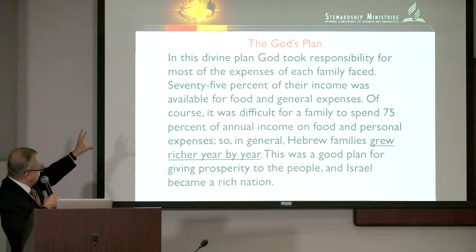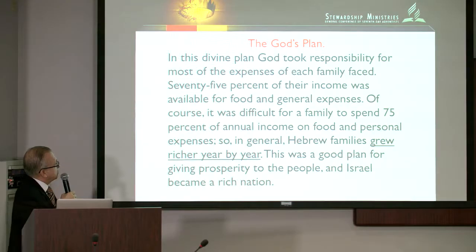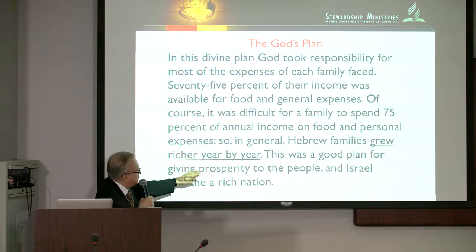Now, God's plan. In this divine plan, God took responsibility for most of the expenses each family faced. 75% of their income was available for food and general expenses, and it was difficult to spend it all, as I explained already. So, in general, Hebrew families grew richer year by year.